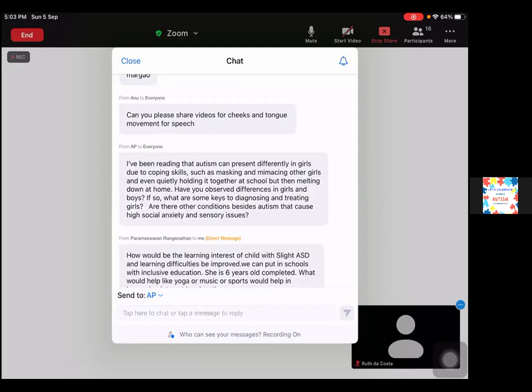As far as autism is concerned, there is no difference in presentation between boys and girls. Only the rate of incidence in boys is 3 times more as compared to girls. Now, there are other conditions. They have a few features of autism, like decreased social interaction and high anxiety, which you call a social anxiety disorder.